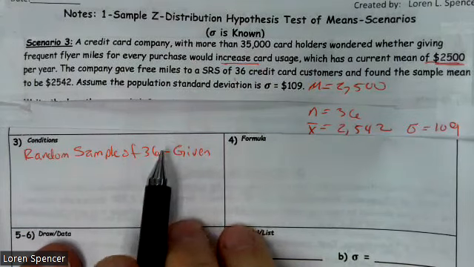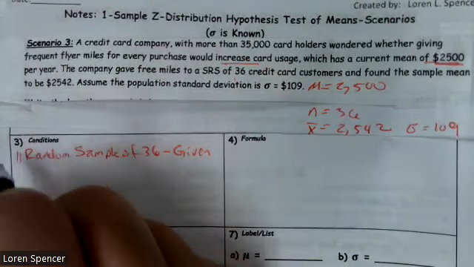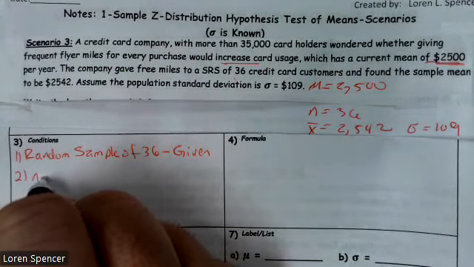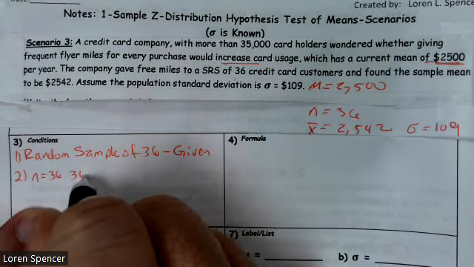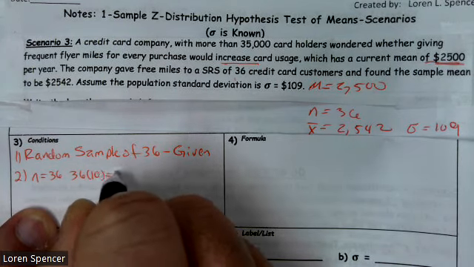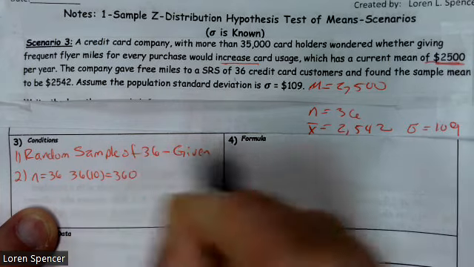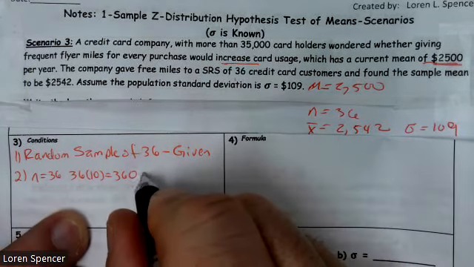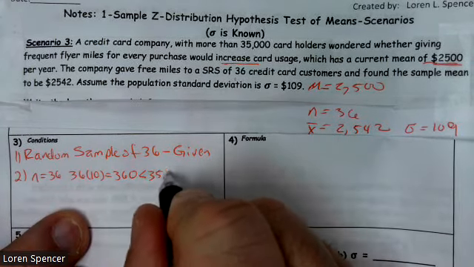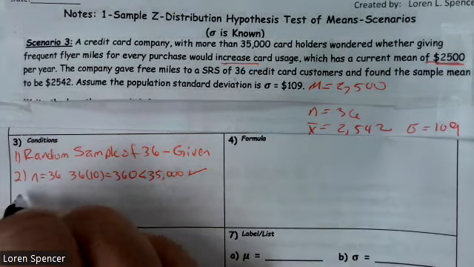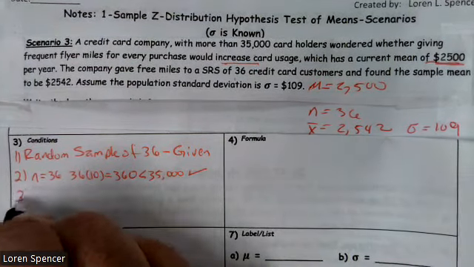The next thing we need to check is that n is less than 10% of the population. In this case n is 36, and 36 times 10 is 360, which is less than the 3,500. We always have to make the comparison to the population. So that is satisfied.